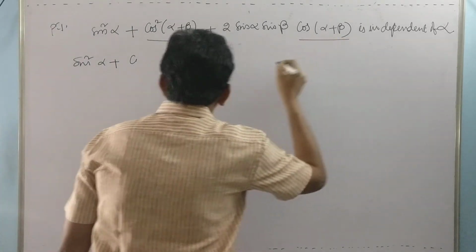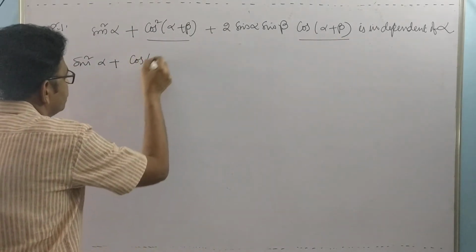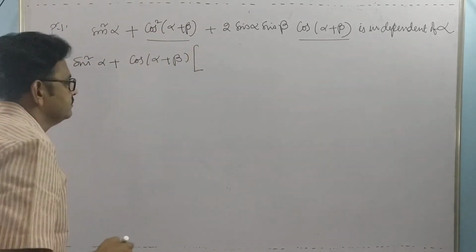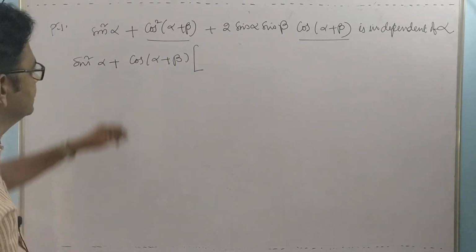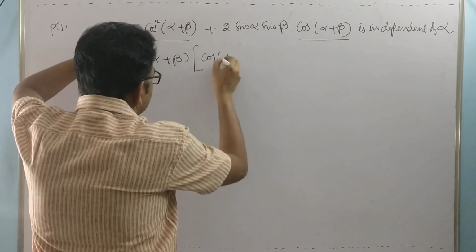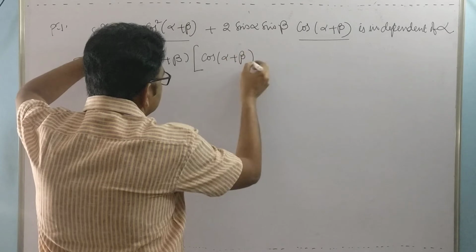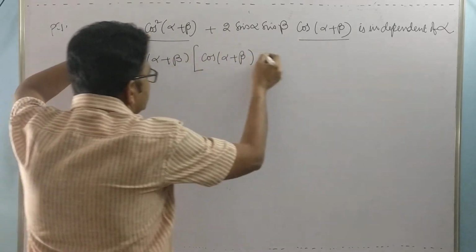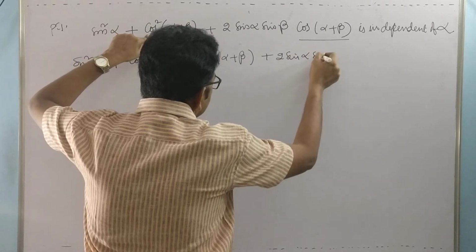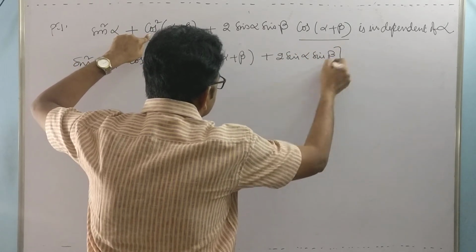You can take cos of alpha plus beta common. Cos alpha plus beta. Now this is what we have, another cos of alpha plus beta. This is taking common. The part is 2 sin alpha into sin beta.